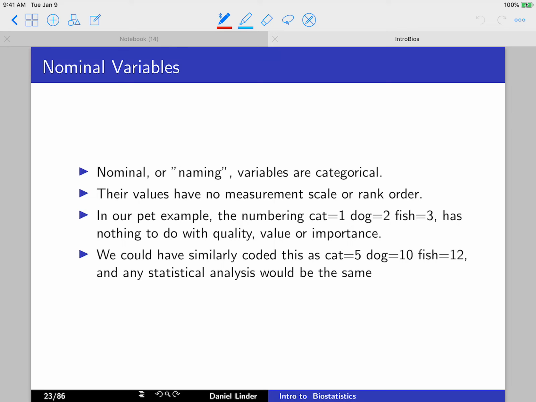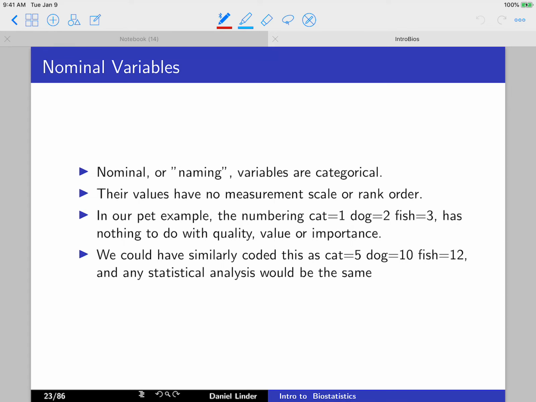So let's talk a little bit more about these types of variables. As we've mentioned, nominal gets its word from the synonym naming, and these variables are categorical. Their values have no measurement scale or rank order.